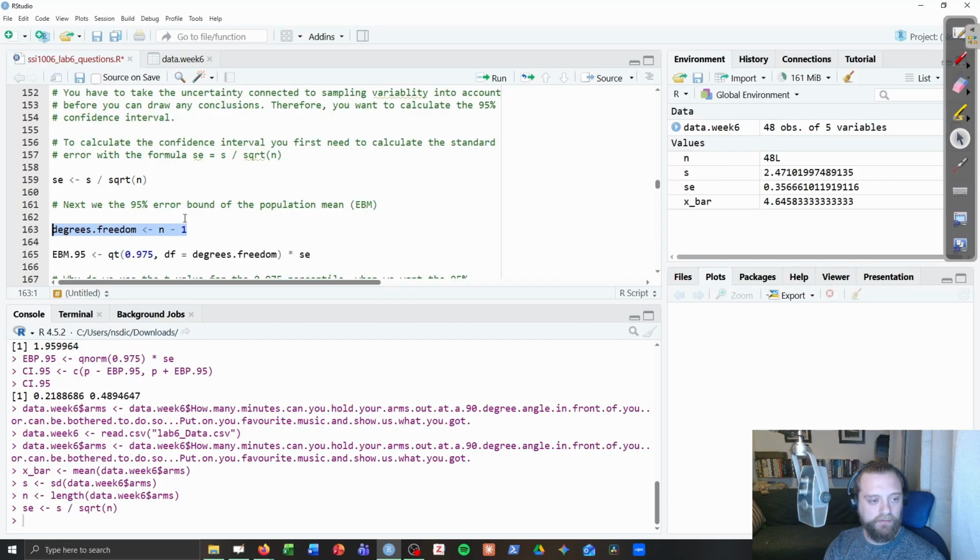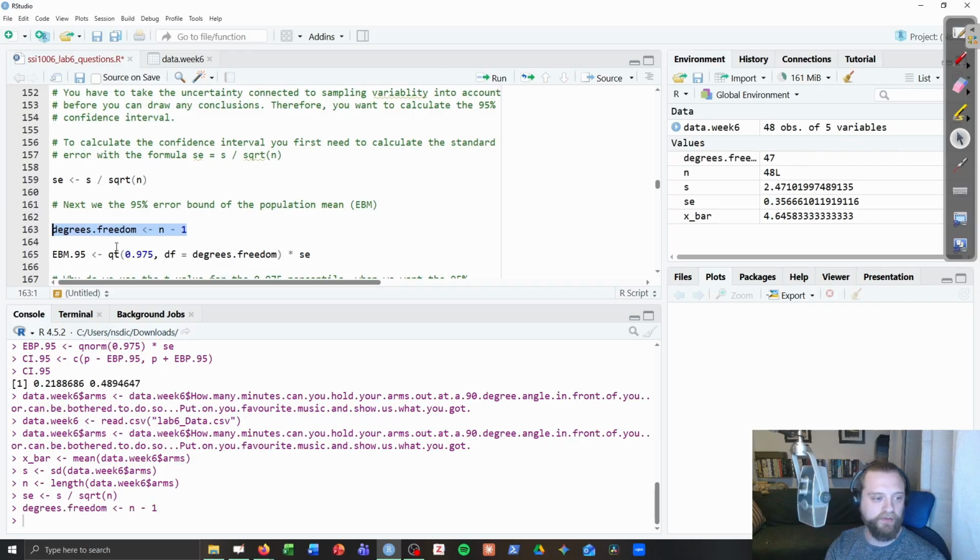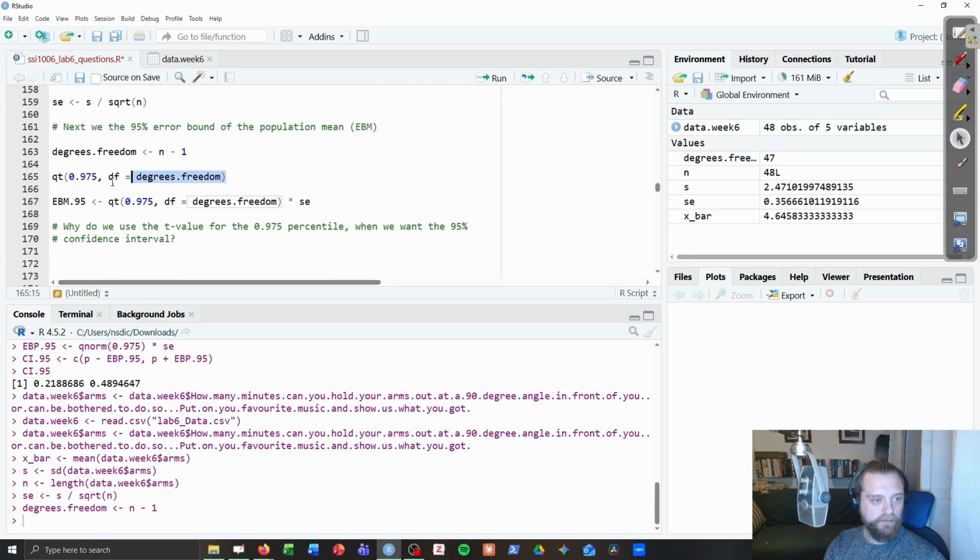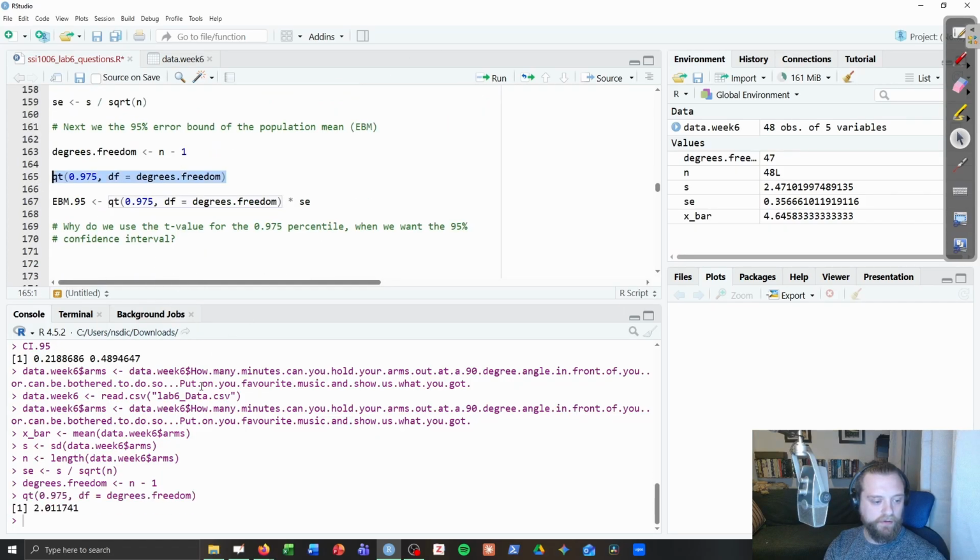We also, just like we did before, have to put in the degrees of freedom. And again, this is just n minus 1, so 47 here. So let's look at what number this generates. The number this generates is just a little over 2. And we multiply that by SE.